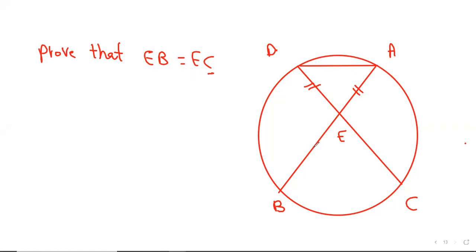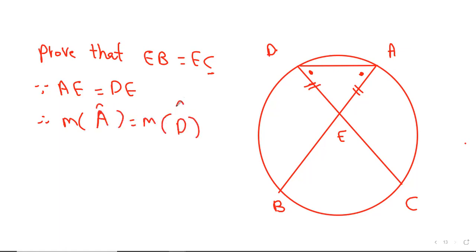Look here. We have two equal sides here, so this angle is equal to this angle. Since AE equals DE, the measure of angle A equals the measure of angle D.